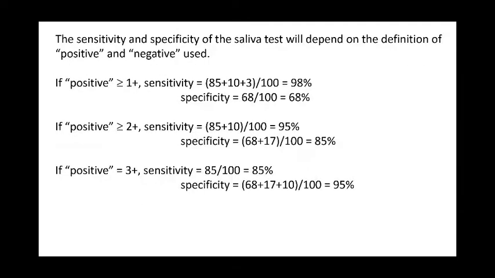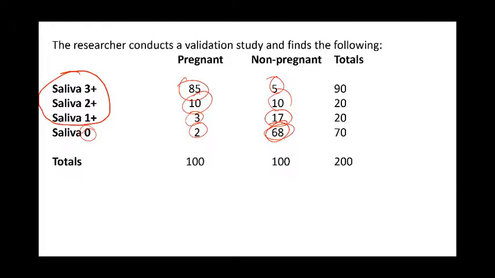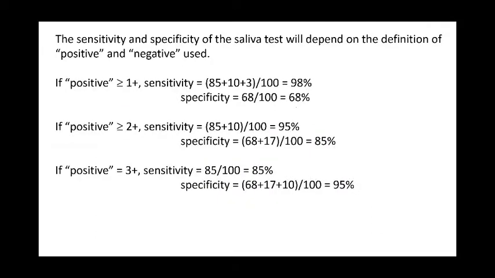Now we can form a 2 by 2 table. It would be 98 by 100, so sensitivity is 98%. For specificity, we have only seen 68 to be negative here because all the rest are positive, so 68 by 100, 68%. However, if we take 2 plus to be positive as a diagnosis for pregnancy, then sensitivity would be 95%, however specificity is increased, 85%.